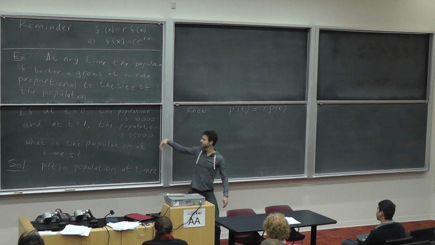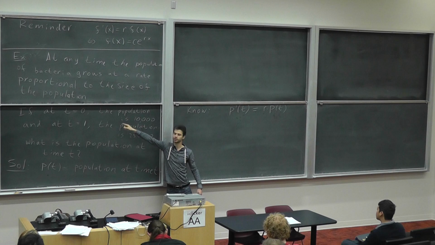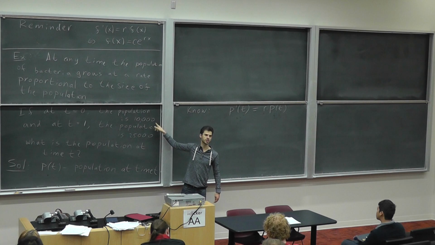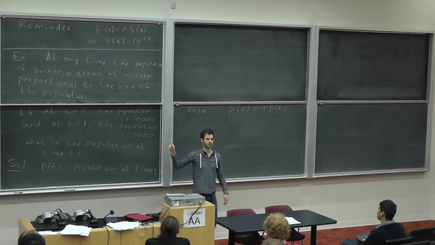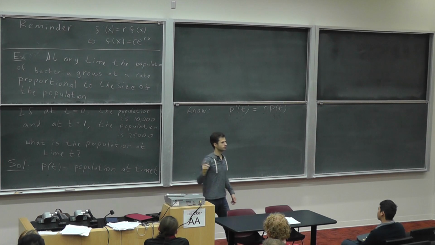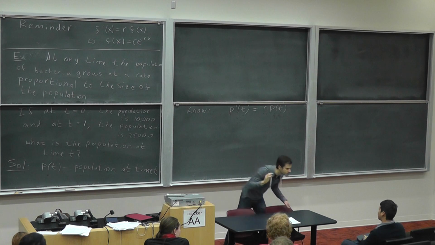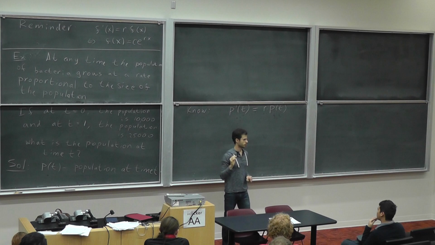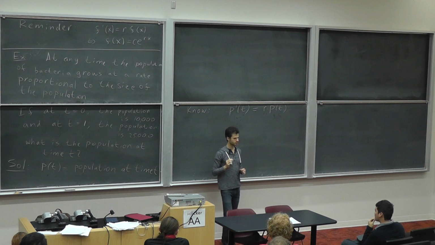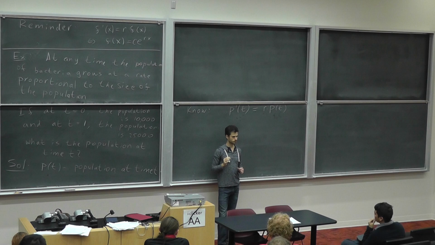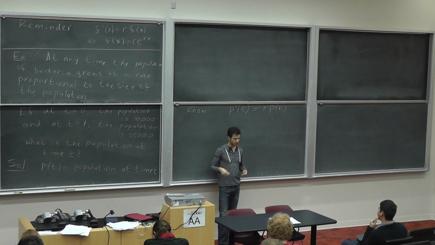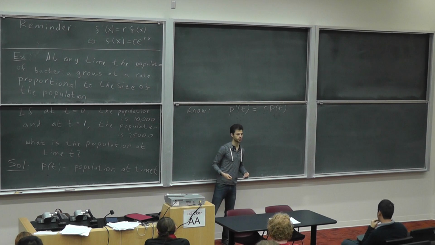I want to encode in some symbols the second sentence here. At time t equal to 0, the population size is 10,000. What should I write? 10,000 is the initial size of the population.